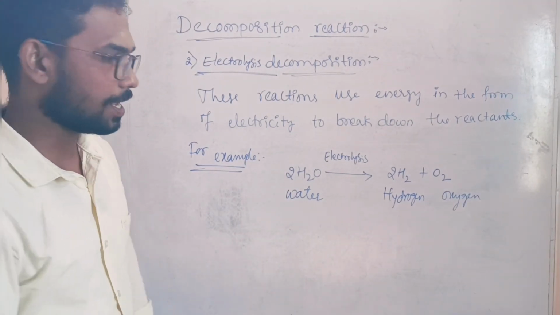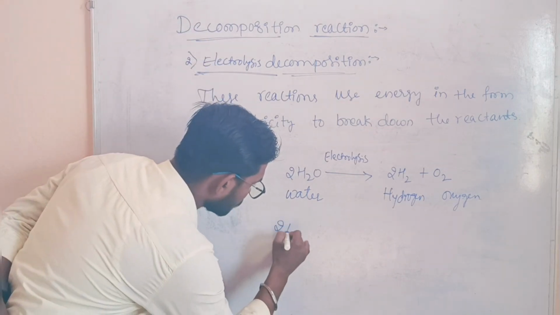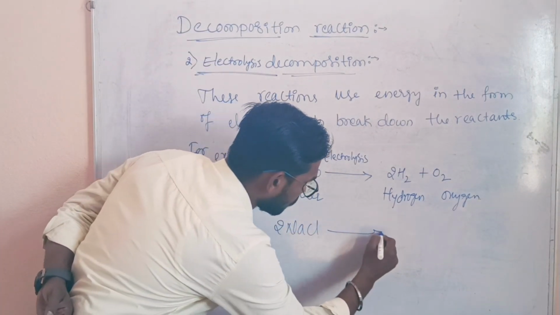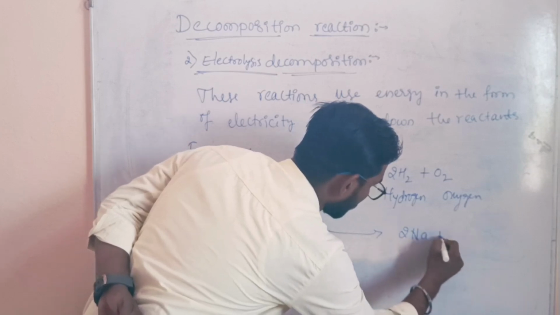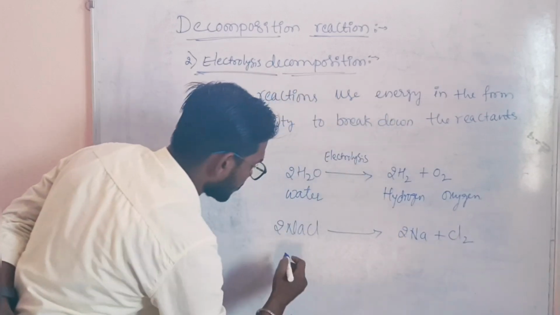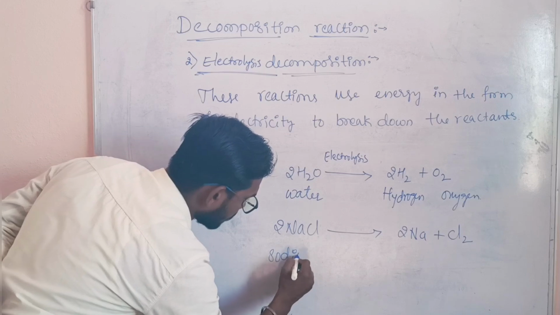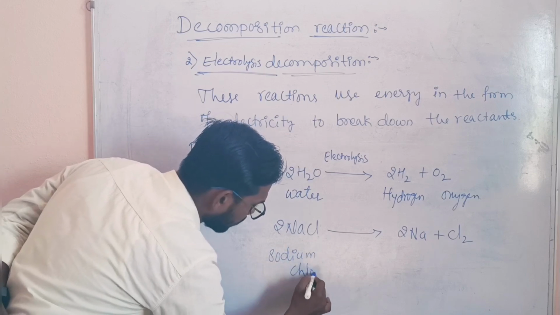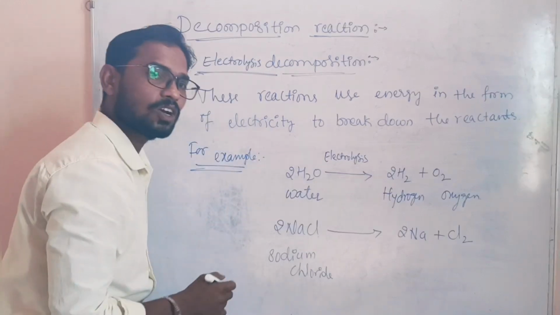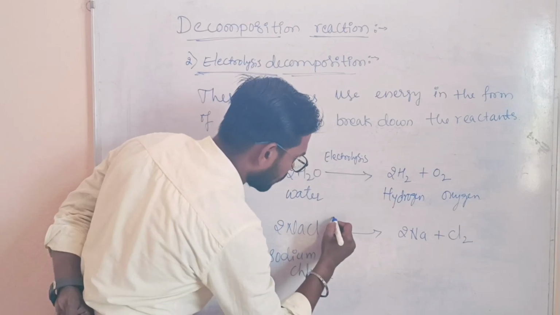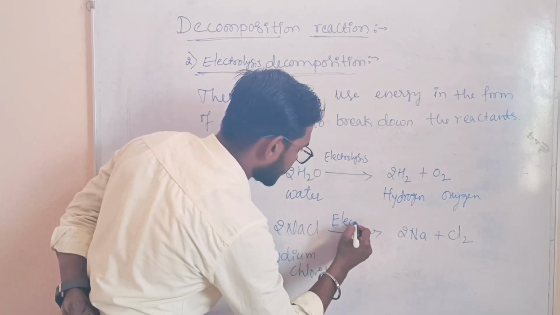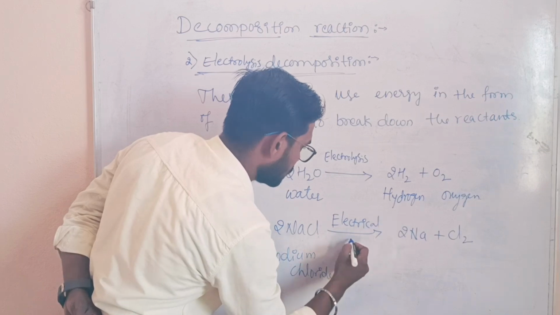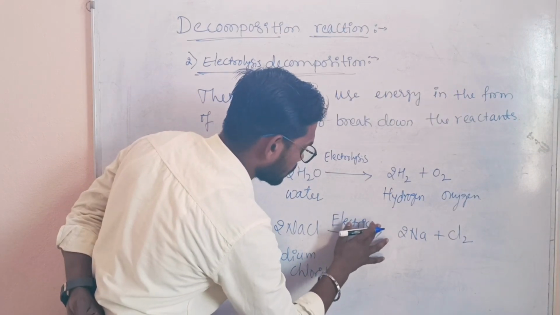Another example we can take is 2NaCl breaking down to form 2Na plus Cl2. Sodium chloride is going to break down using electrical energy, or electric current.